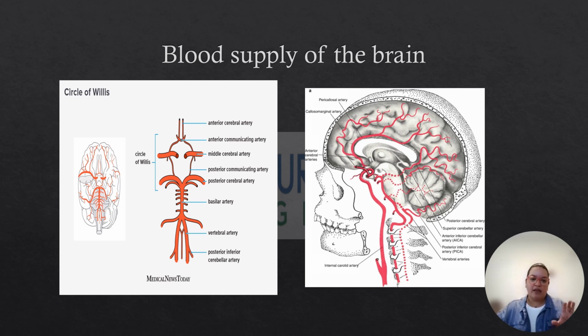If you see the brain that is in that image with the circle of Willis on the left, you can see that the arteries that come from the vertebral column surround the medulla, and then they meet and form the basilar artery. And then the branches of the basilar artery, which are the posterior cerebral arteries, are going to go to the posterior side of the brain.